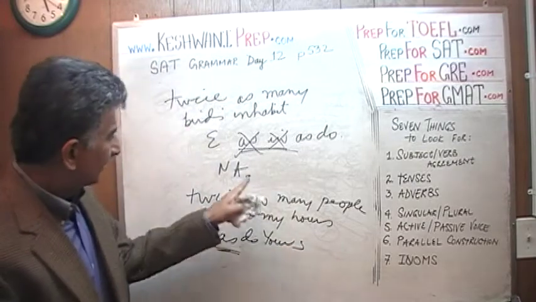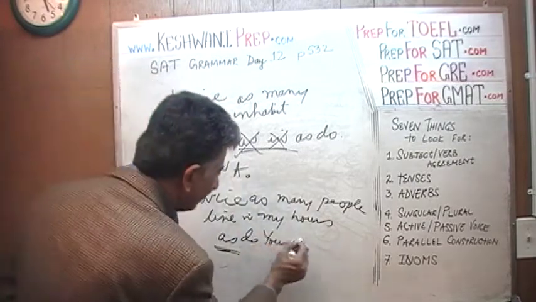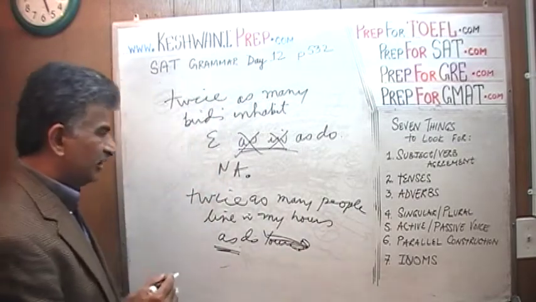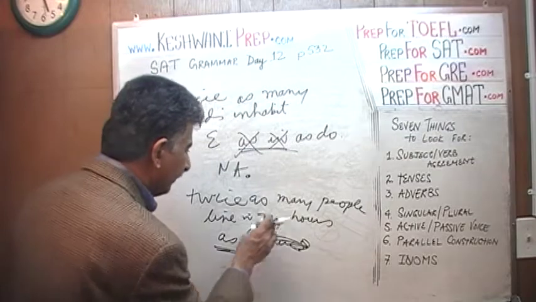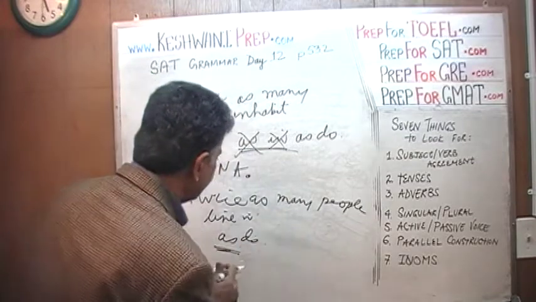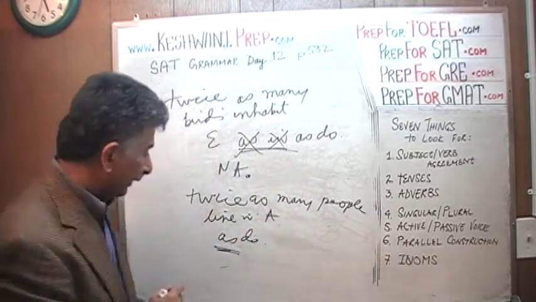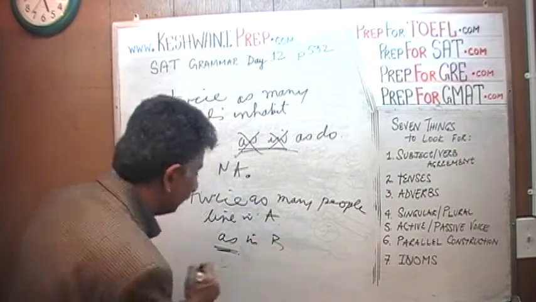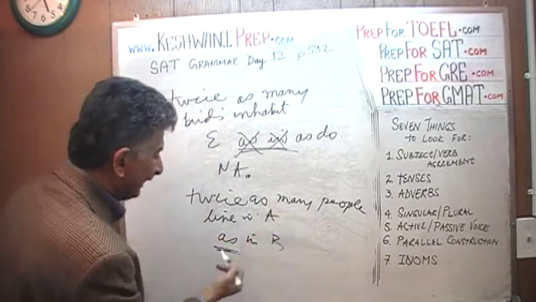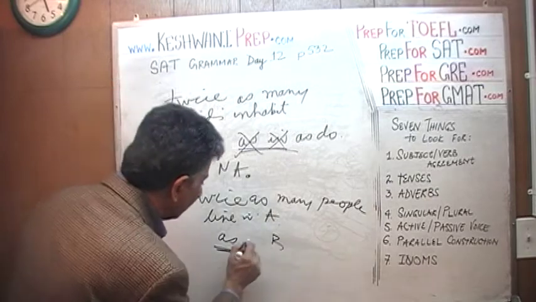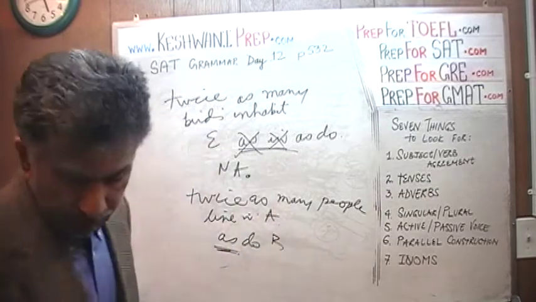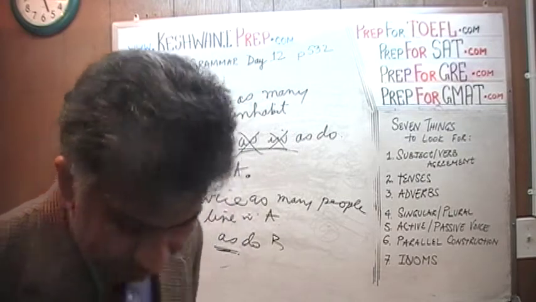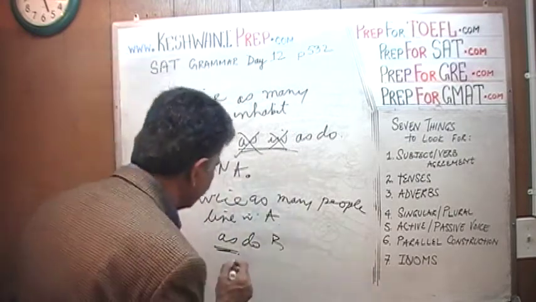This is a tricky one because here is a place. If we had a place here, we wouldn't have to worry about adjusting this last part. Twice as many people live in town A as in B, to which you will say twice as many people live in A as do, as they do.